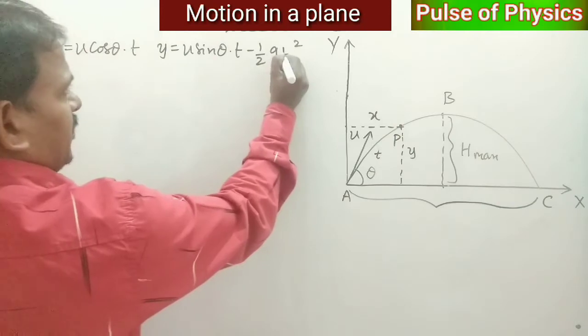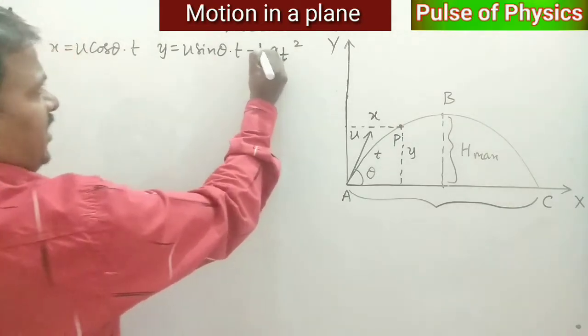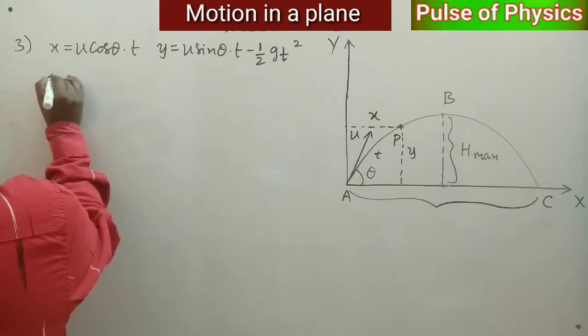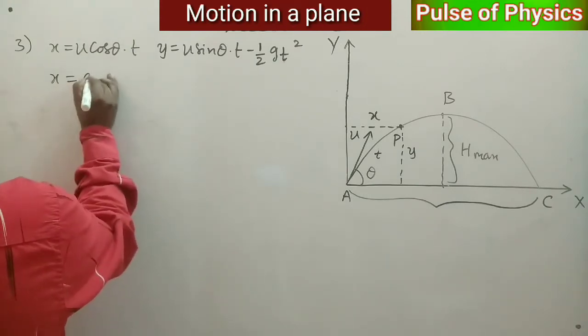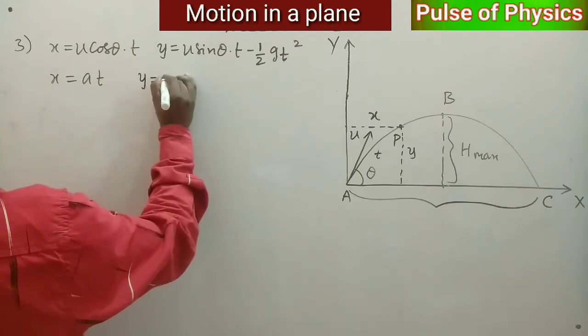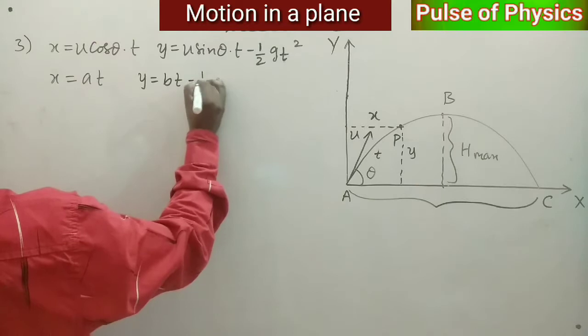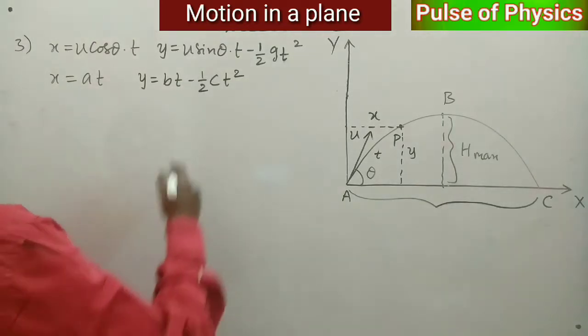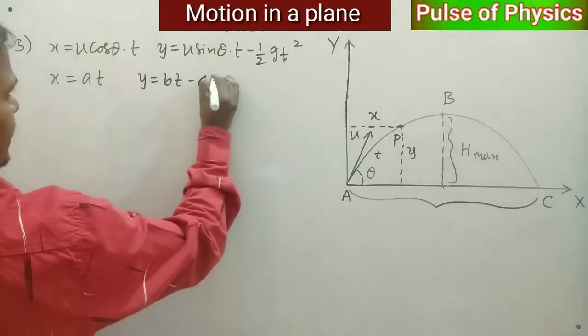Sometimes the problem will be on this topic. Here x can be written as a into t, and y can be written as bt minus half ct square.